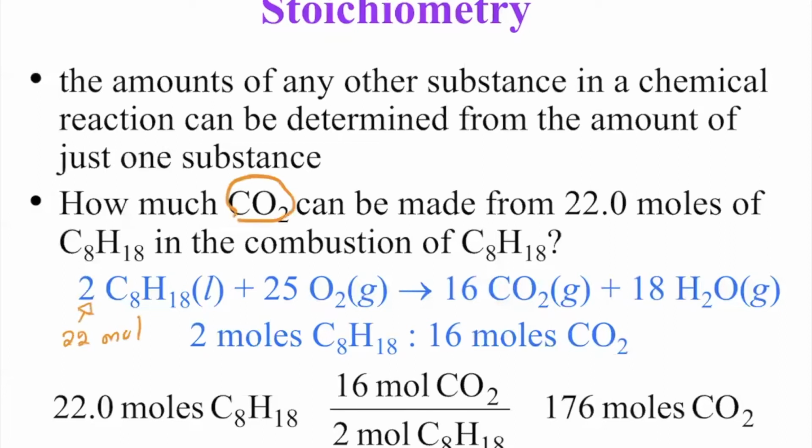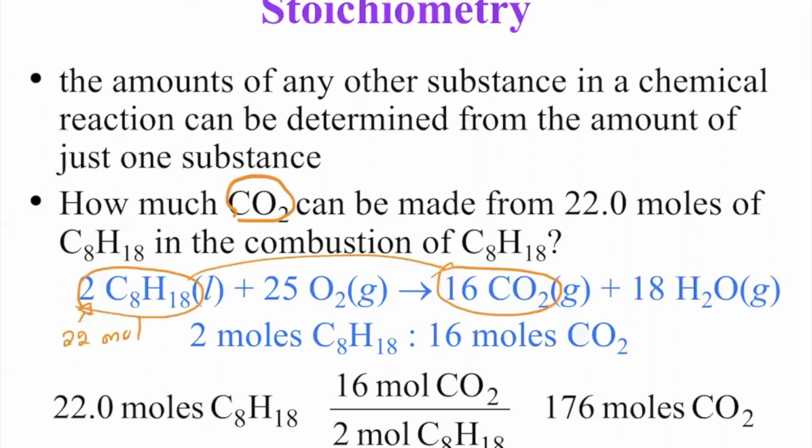So your relationship is going to be between this and carbon dioxide. Everything else for this particular problem can be ignored. So look at the balanced equation. It's already balanced. So your conversion factors are going to be 2 C8H18 divided by 16 CO2, or 16 CO2 divided by 2 C8H18.